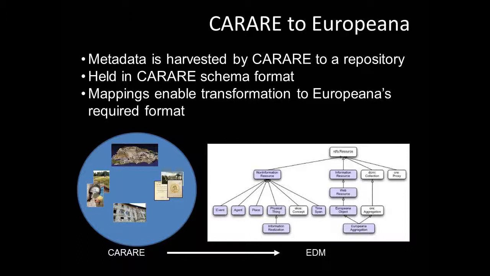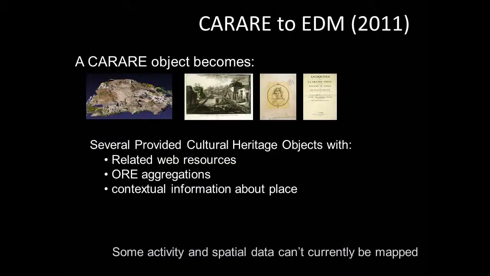I just mentioned the version of the EDM because we've completed a mapping to the full theoretical model of the EDM. But the next step is looking at how the EDM is being implemented at this moment in time. Right now, the Europeana team are working on the implementation of EDM in the interface, and they've selected certain attributes of EDM for implementation this autumn.